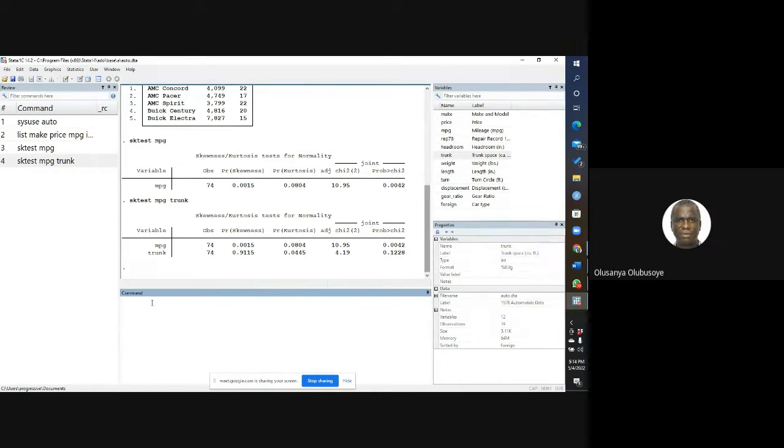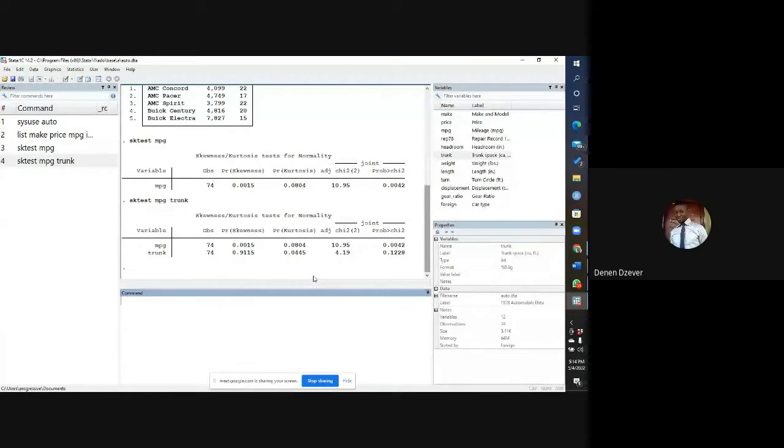What PR skewness and PR kurtosis do you present in this table? What do they represent?